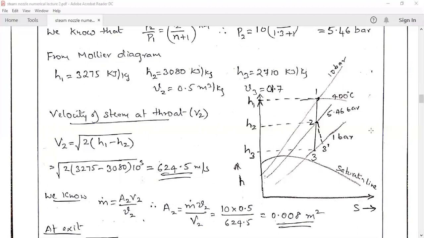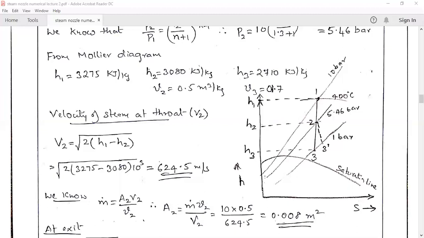Now what data do you need to find from the Mollier diagram for solving the problem? At point 1, get the value of H1 and S1. S1 you need not find out. Next, at point 2, draw a horizontal line and get the value of H2.